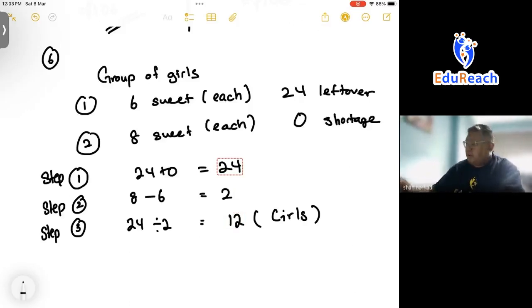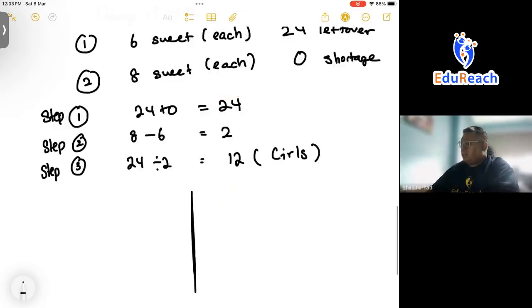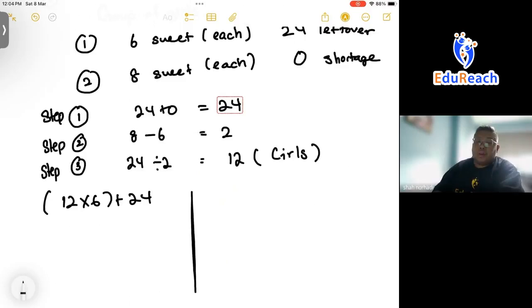So first scenario, I will take 12 times 6. Then I plus 24. But if I want to choose the next one, I will do 12 times 8 with 0 leftover. So I just don't add anything.